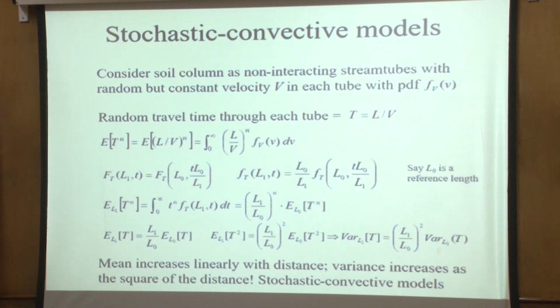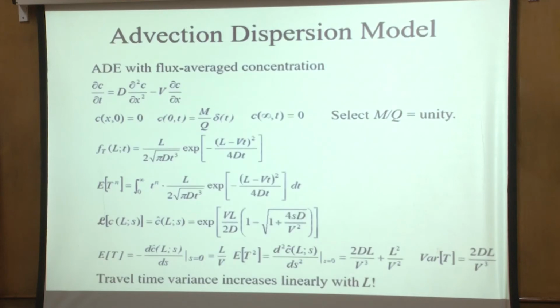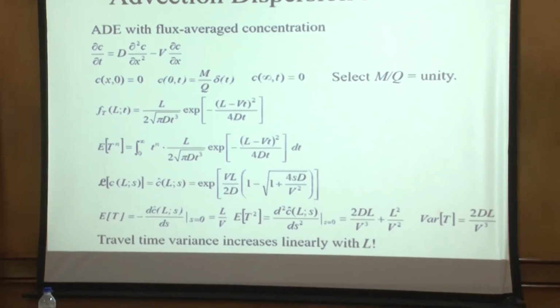Now, I want to essentially go back and revisit this advection dispersion equation model. Once I had estimated the quantities D and V, if I now asked you what is the travel time at some other distance L, what would you do? Go ahead.